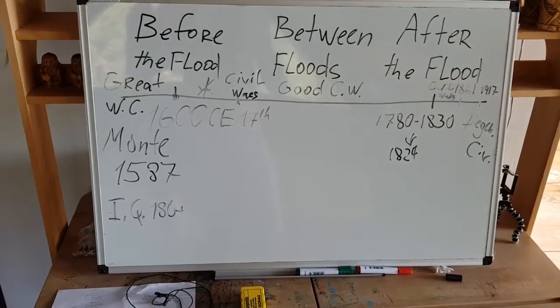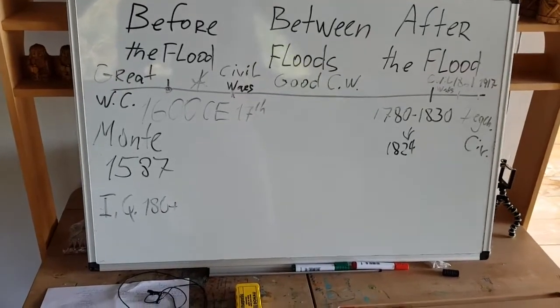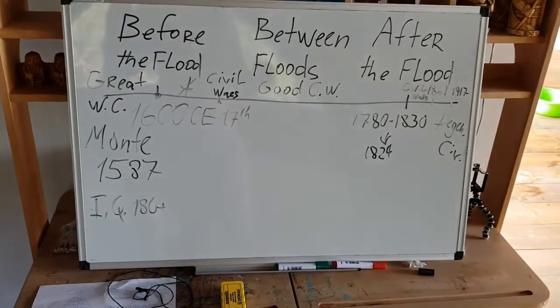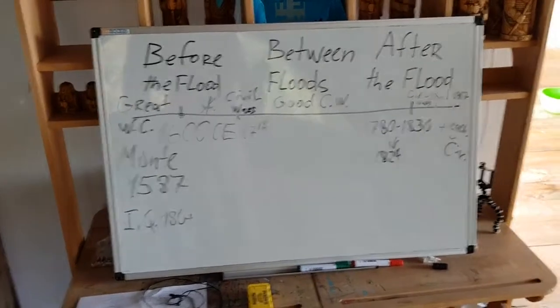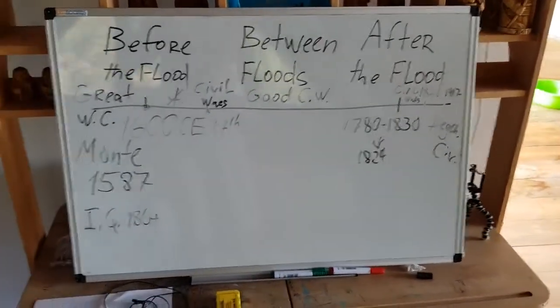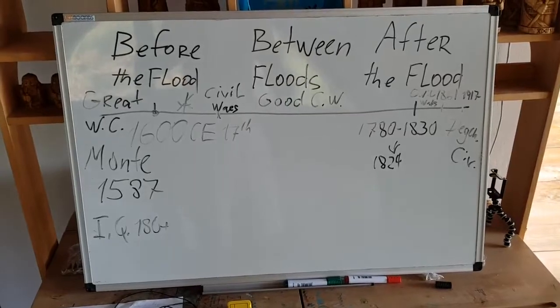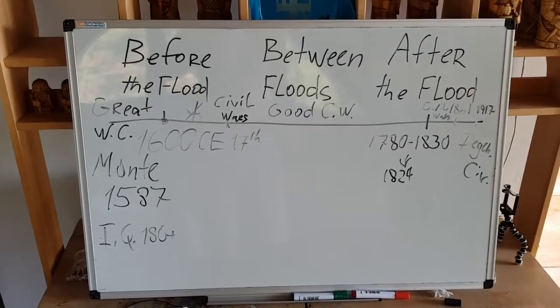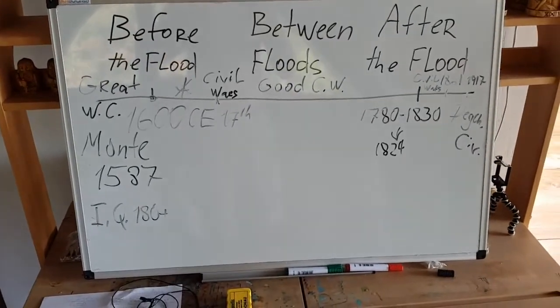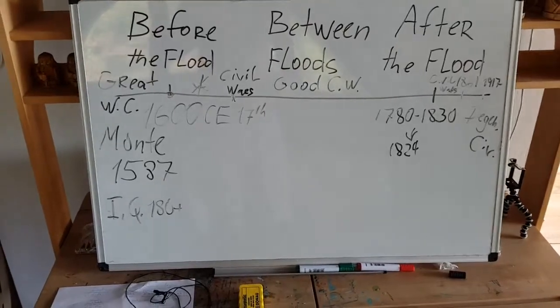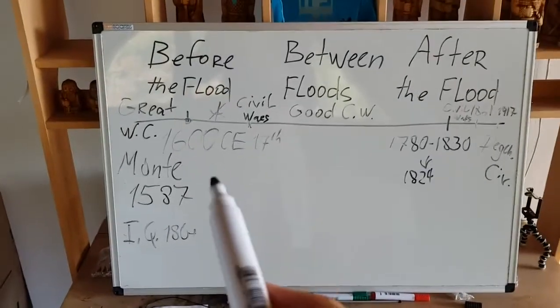You could travel from any point in the world to any other point in the world with speed that we cannot even imagine today. Probably the speed of those super trains that fly in Japan right now, like the speed of airplanes. But they had those technologies before 1600.